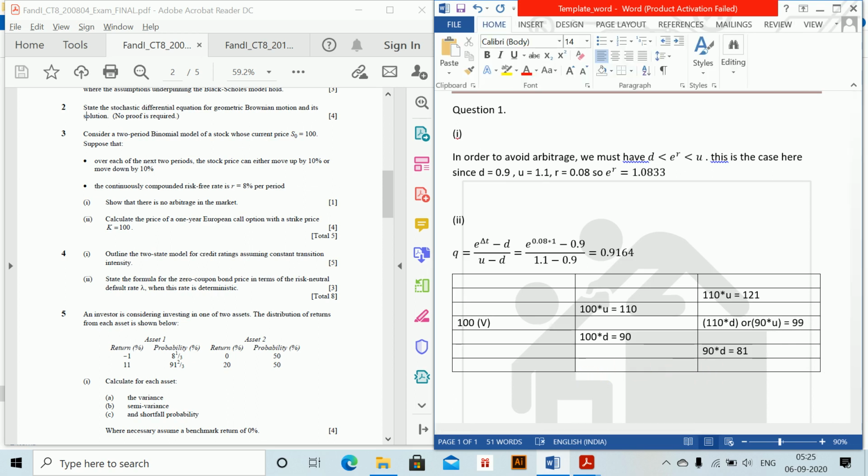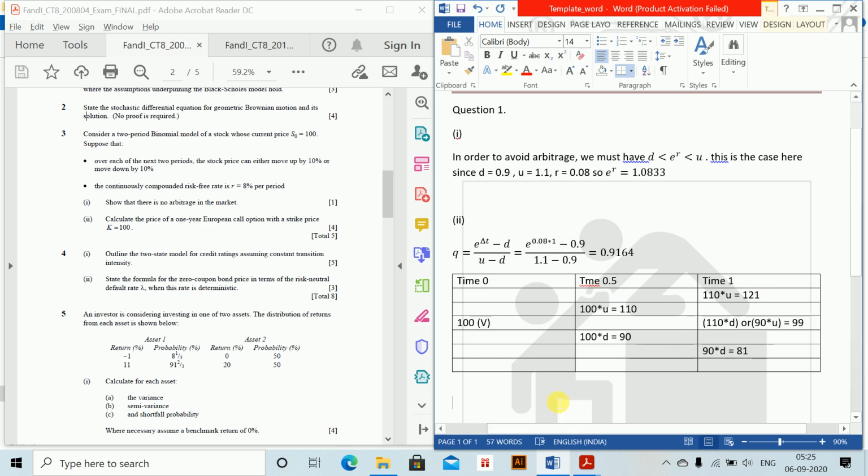And now, just do not forget to give the time. So this is time 0, time 0.5, half-yearly periods, and this is time 1.